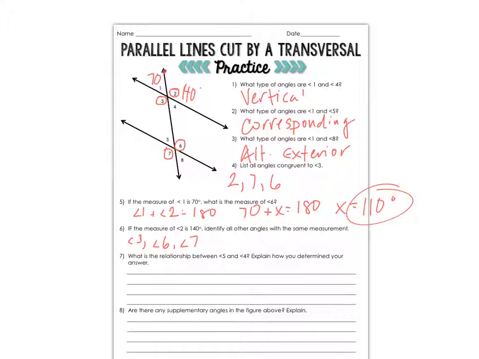Kind of a repeat there, but that's okay. What's the relationship between angle 5 and angle 4? Let's find angles 5 and 4. Here's 5, here's 4. They are on opposite sides of the transversal, and they are both interior angles. Alternate interior.